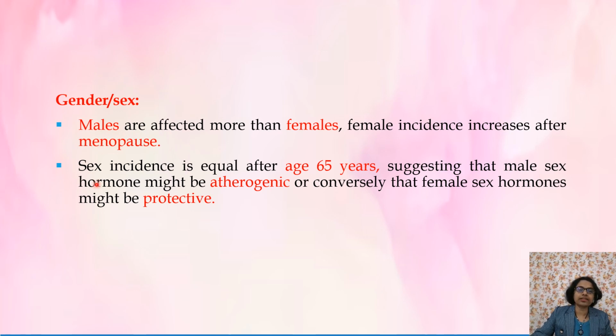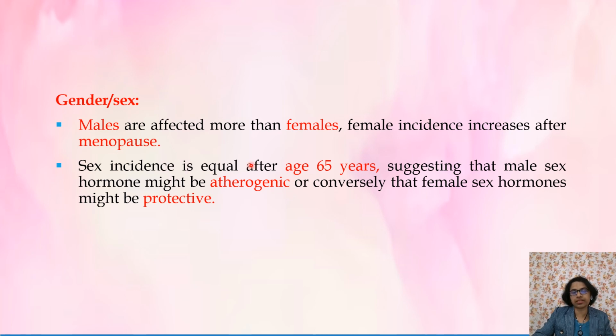Then the sex incidence is equal after 65 years. A woman may undergo menopause at around 50 to 55 years, but once any gender reaches an advanced age over 65 years, they are more prone to atherosclerosis. This suggests that male sex hormones might be atherogenic.